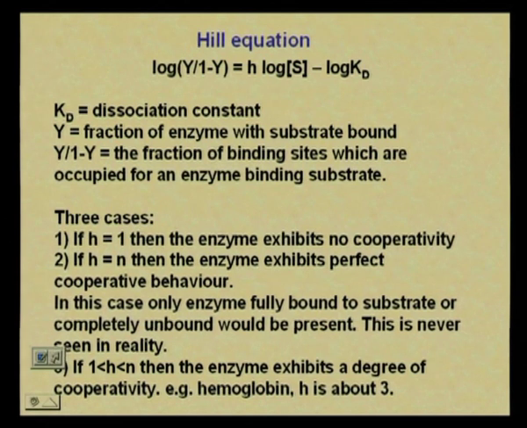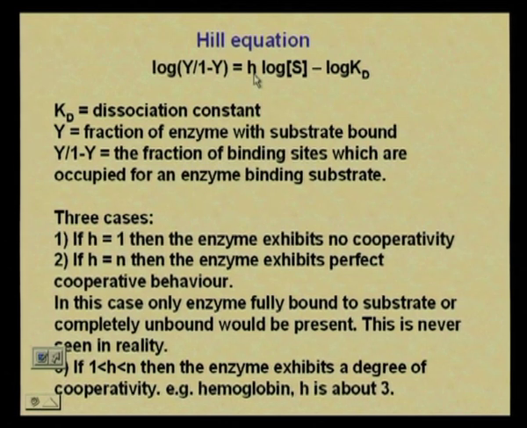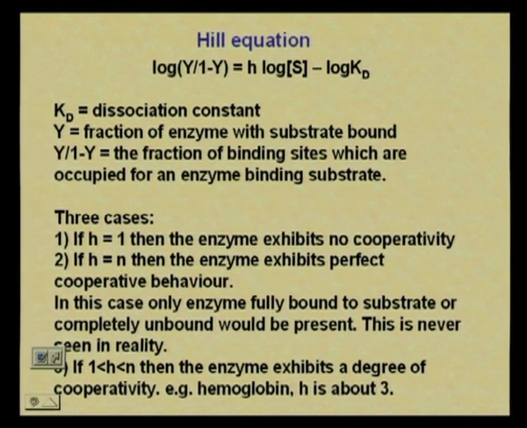We have three cases here. H can be 1, H can be N. What is N? N is the number of sites that you have. So, what is N for myoglobin? 1. What is N for hemoglobin? 4. Now, when H is equal to 1, then the enzyme exhibits no cooperativity.